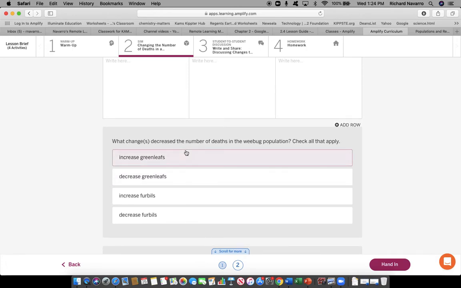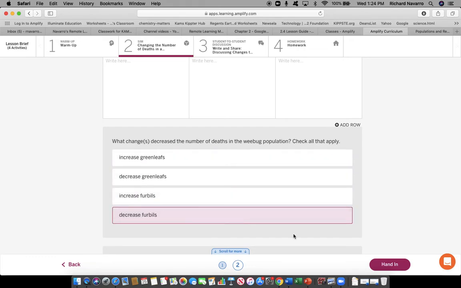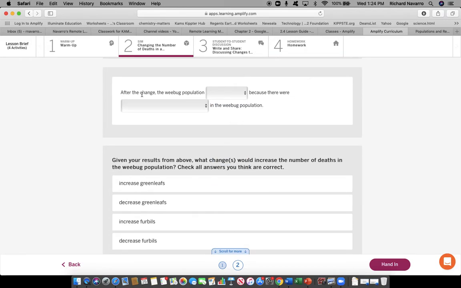So, what changes decreased the number of deaths in the wee bug population? Decreasing furbals. After this change, the wee bug population increased because there were more births than deaths in the wee bug population.